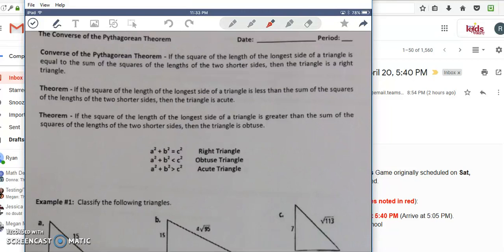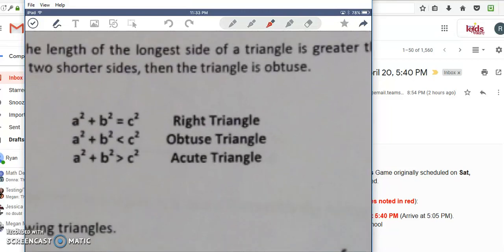There's all the converses and theorems and stuff like that, but the main thing I wanted to focus on is this right here. Now, this Pythagorean theorem only works if we have a right triangle. It does not work if you have anything else besides a right triangle. Now, if you have a squared plus b squared equals c squared, then you have a right triangle.